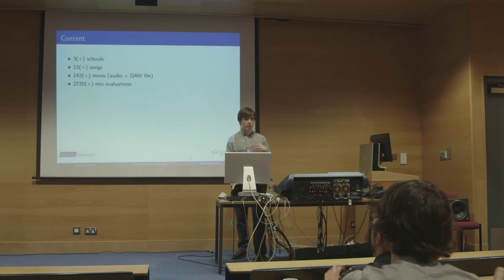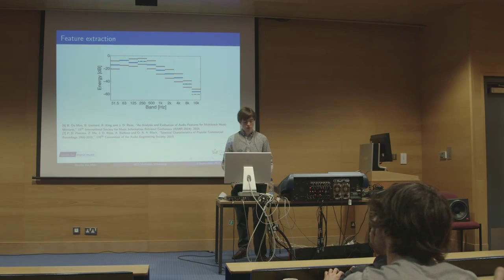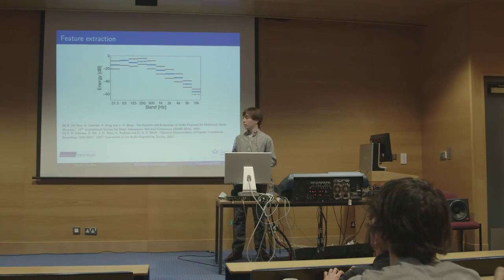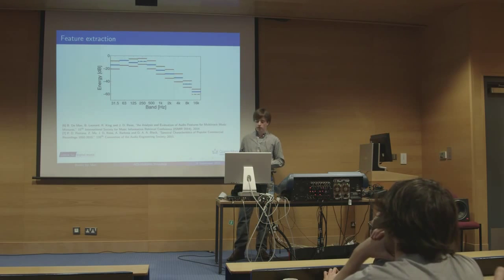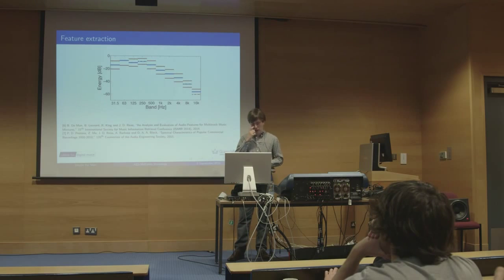And then we just evaluated this by giving it to a lot of different subjects with the evaluation interface you just saw. So just in terms of extracting features from the mix, we can also already see a couple of interesting results here. This is just the average spectrum of a set of mixes that we had.